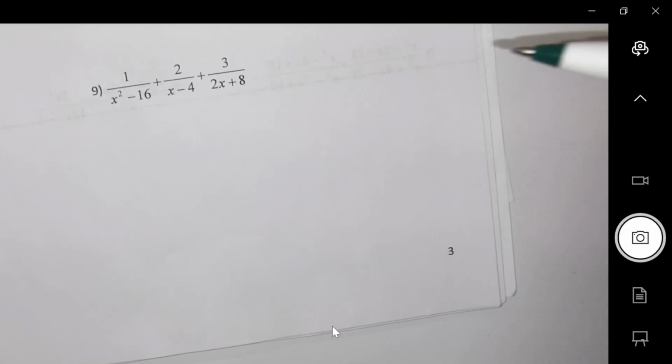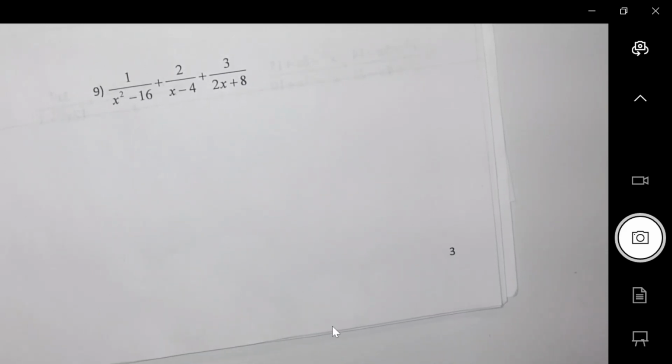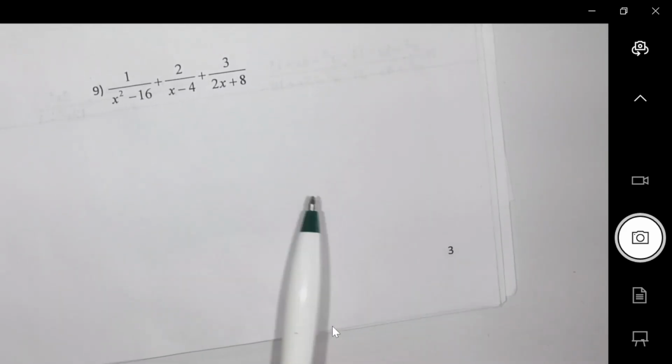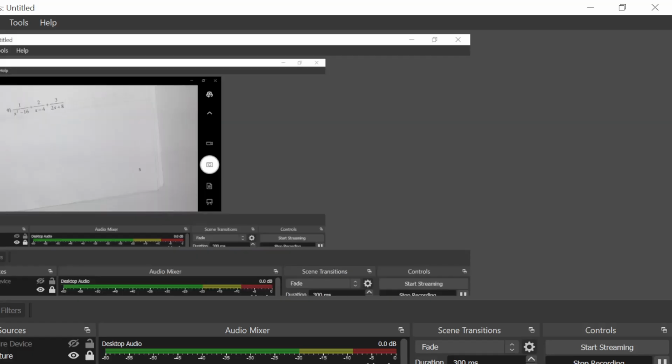Okay, I will do number 9 with you. No, page 3. Do you see it, page 3 on the workbook? Oh, you're on the notes still. Okay, I'm on my workbook, and I'm on number 9.